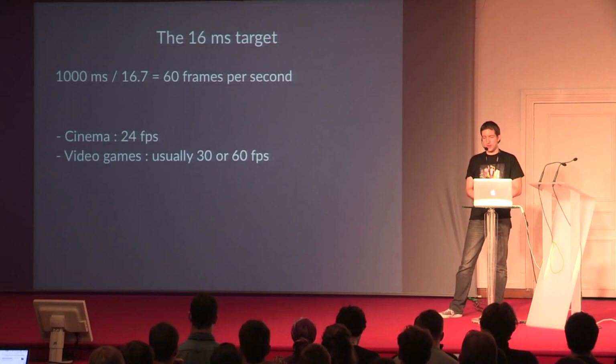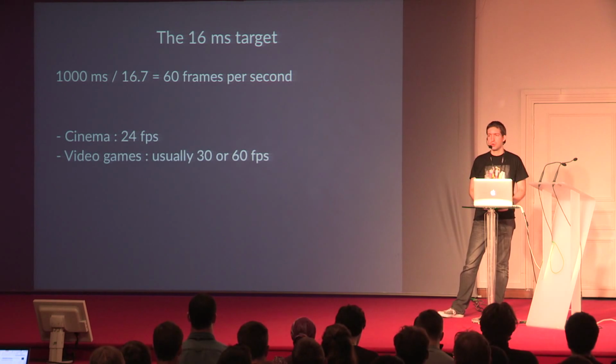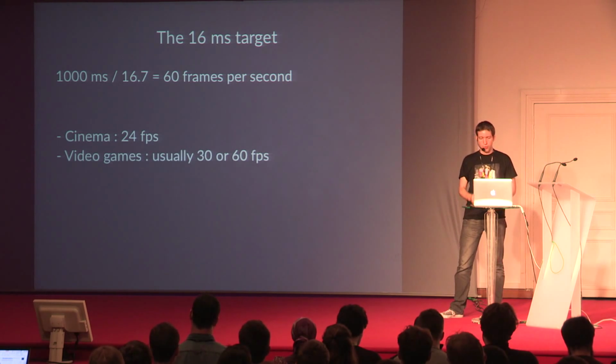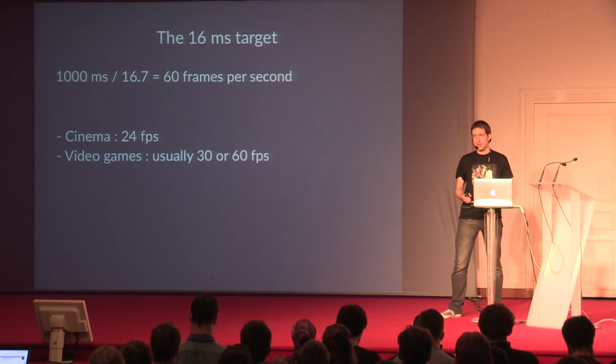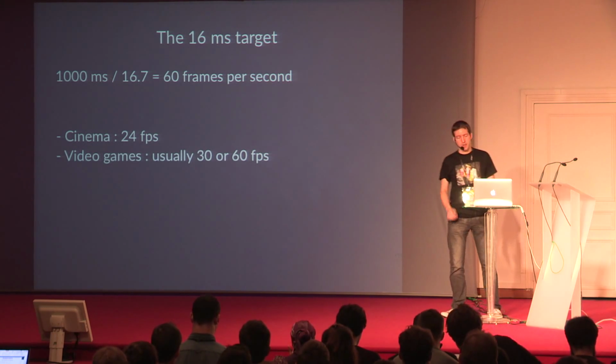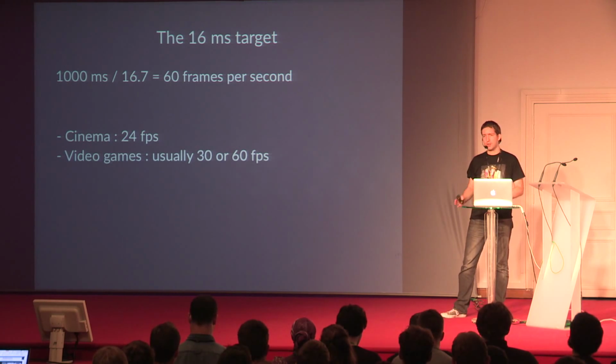First, let's define exactly what we want. On Android, we try to render each frame in a 16 millisecond target. Why is that? Simply, if you divide 1 second in 16 millisecond segments, you get 60 frames.